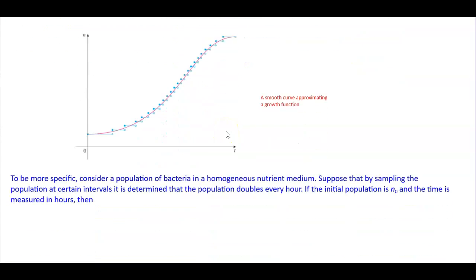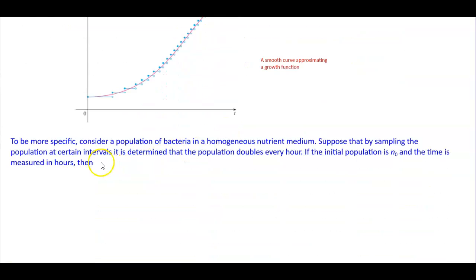Now, to be more specific, we're going to consider a population of bacteria in a homogeneous nutrient medium. So suppose that by sampling the population at certain intervals, it is determined that the population doubles every hour. If the initial population is n subscript 0 and the time is measured in hours, then we would have the following.